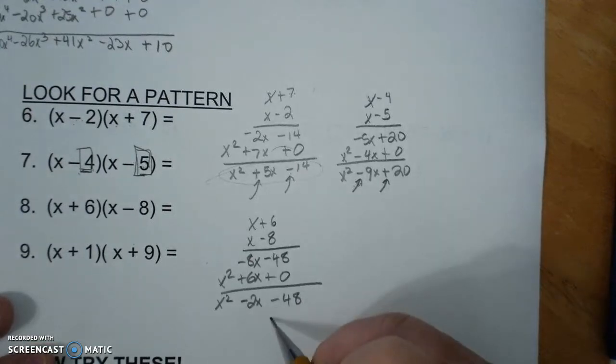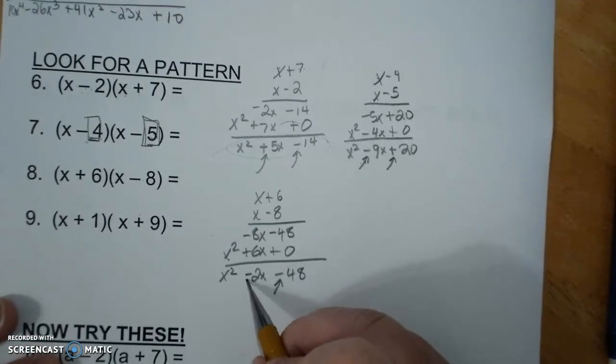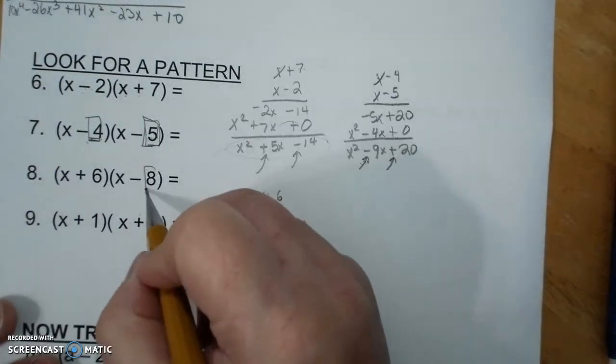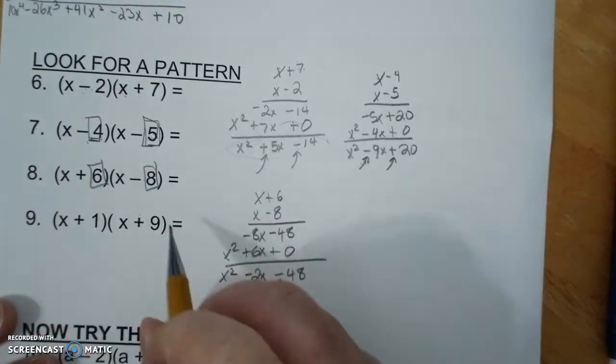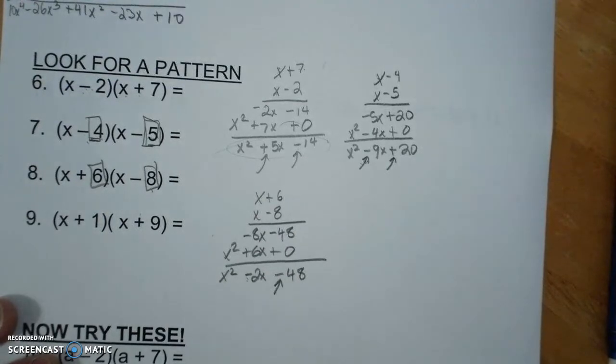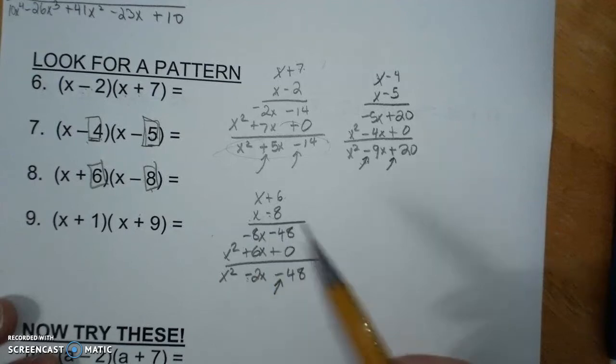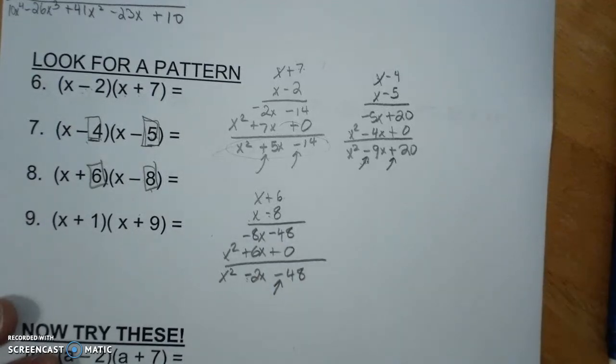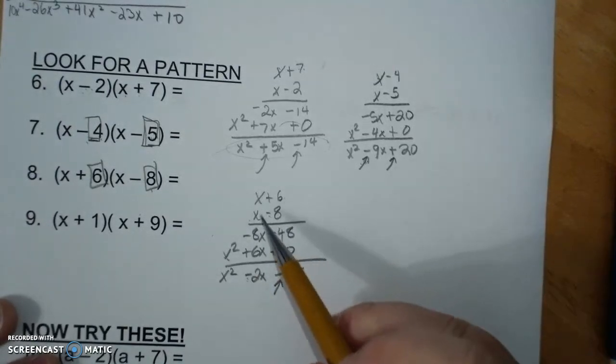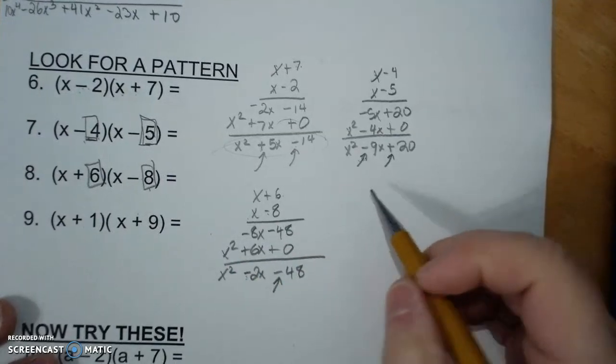Signs are different. Sign of larger. 8 is larger, it had the negative. Because this will change if this was x minus 6 and x plus 8. We're learning how to multiply and then see stuff.